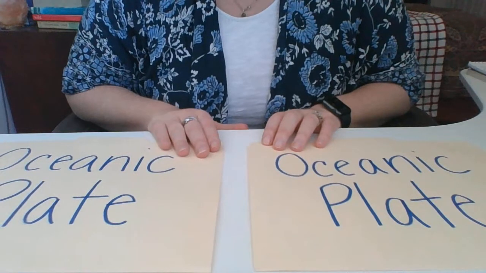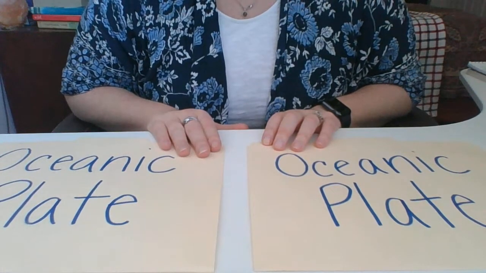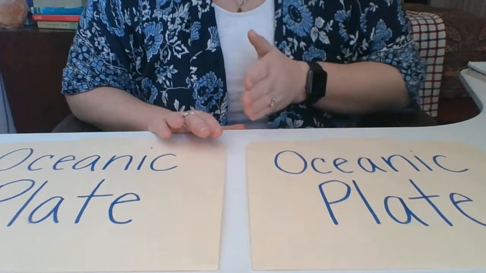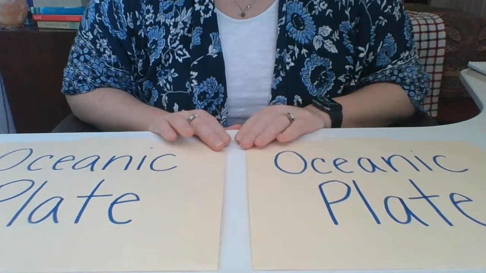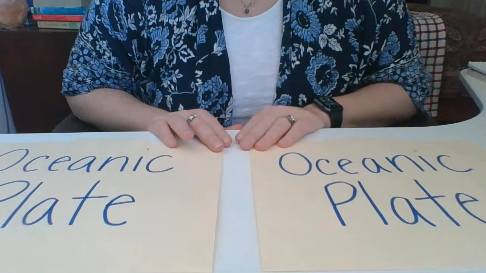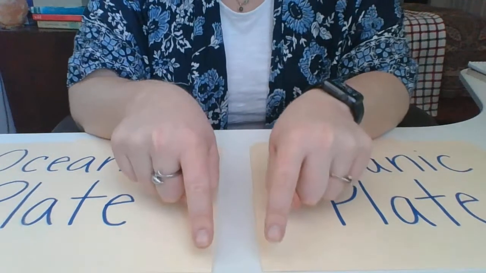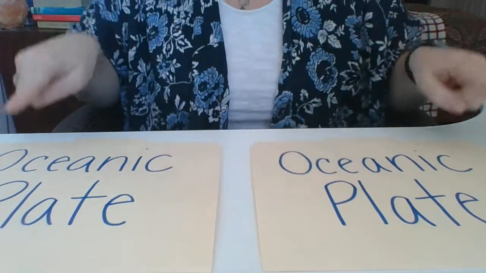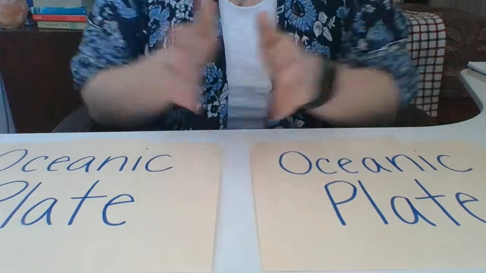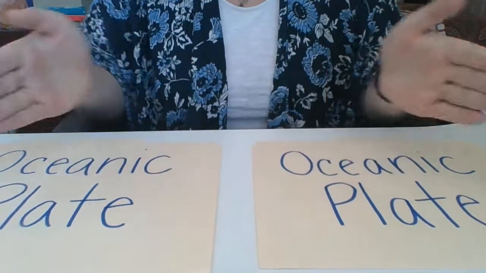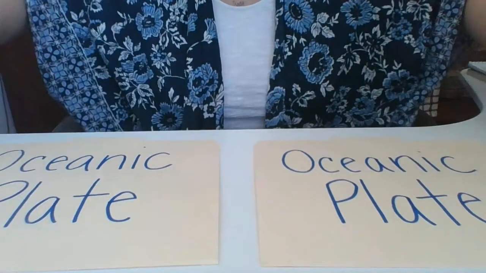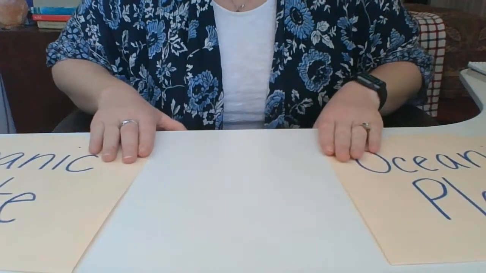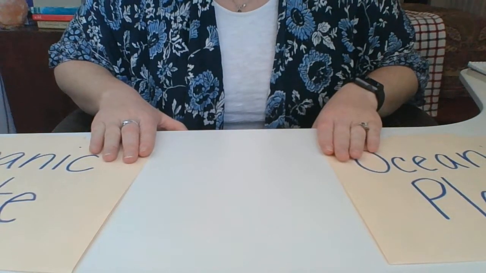The largest ridge is the Mid-Atlantic Ridge, which runs down the middle of the Atlantic Ocean, and it is constantly where new crust is forming. So this is the location where the new crust would be, and the older crust would be on the outside because new crust keeps forming and pushing that old crust away. So that is a divergent plate boundary.